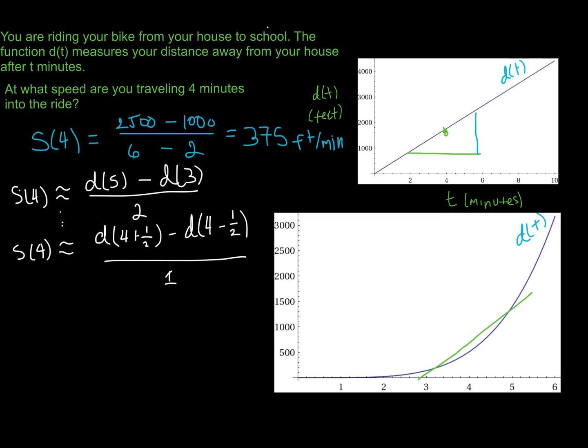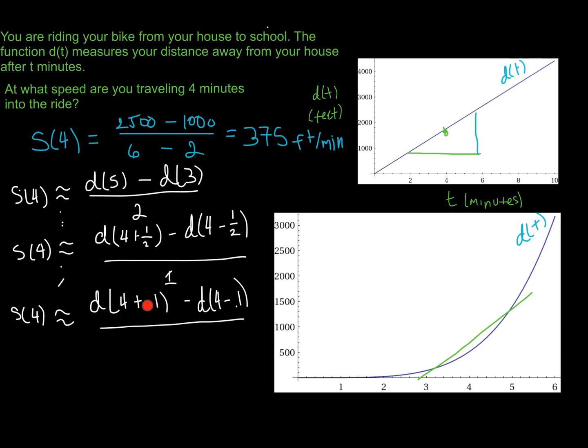So imagine, let's keep going one more. Let's have another approximation for S of 4. And here we'll say it's D of 4 plus, let's just do 0.1, minus D of 4 minus 0.1, divided by, and here we've only moved, think about it, we have 3.9 and 4.1, so the total time we've traveled is 0.2.